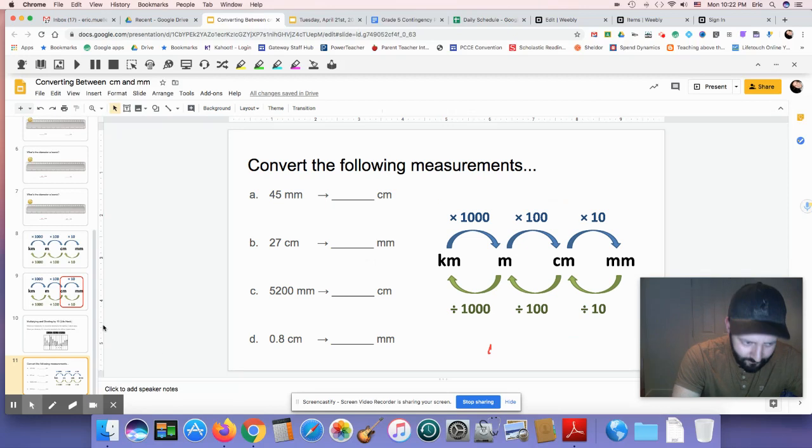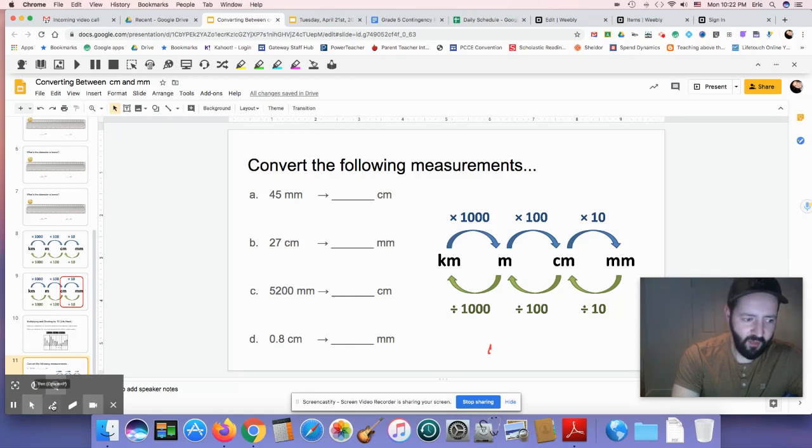Okay, so the first question here, the measurement that they've given us is 45 millimeters. And so over here on the chart, our starting number is in millimeters, and we want to convert that to centimeters. And so what that's telling us to do is to divide our initial number by 10.